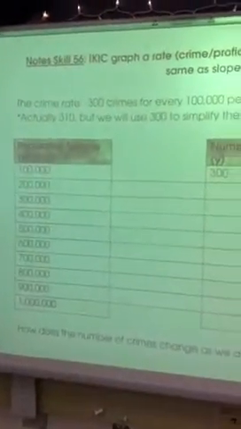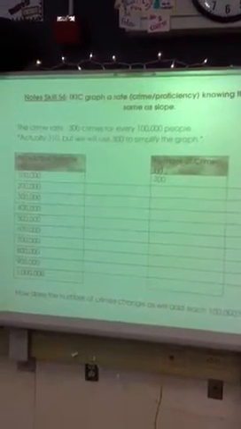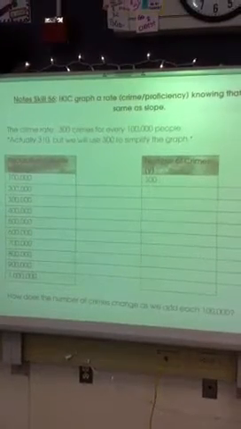Okay, crime rate. I'm going to say 300 crimes for every 100,000 people because 310 is a little bit messier to graph. So we're just going to simplify it by a little bit and round to 300. And we're going to put that information in a table.